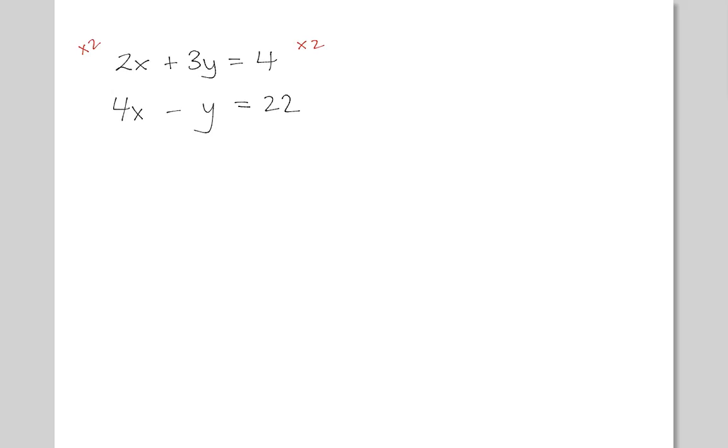And I chose 2 on purpose. It won't always be 2. It'll just be a number that will get you to a common multiple. So then when you times the left side by 2, what do you get? 4x plus 6y equals 8. And the bottom equation I never touched.